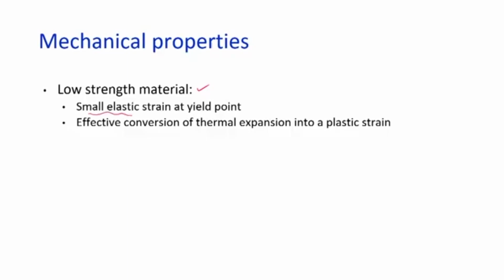In industry, we are dealing with multiple types of materials which have low strength as well as high strength. If we process a low strength material, there would be small elastic strain at the yield point, and there would be effective conversion of thermal expansion into plastic strain.